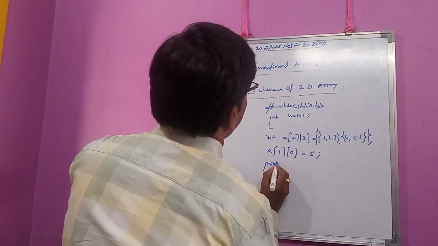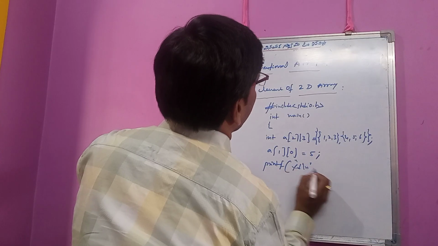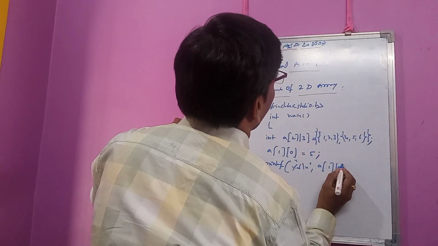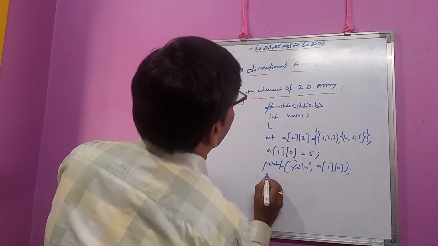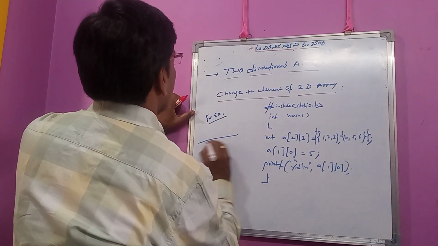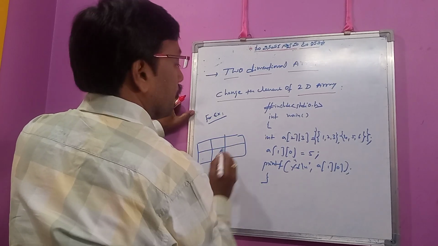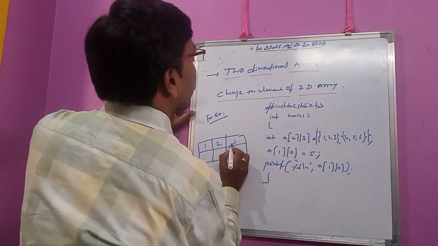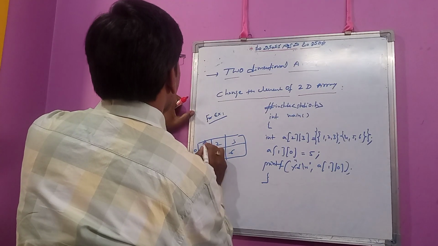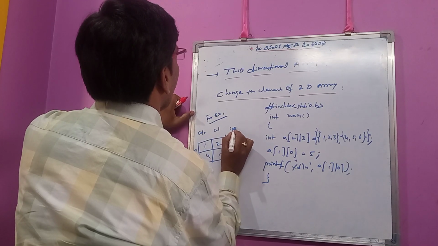printf percentage d slash n, a of 1 0. So close the brace. Now we can see the memory location: 1 2 3 4 5 6, row 0, columns 0 1 2.